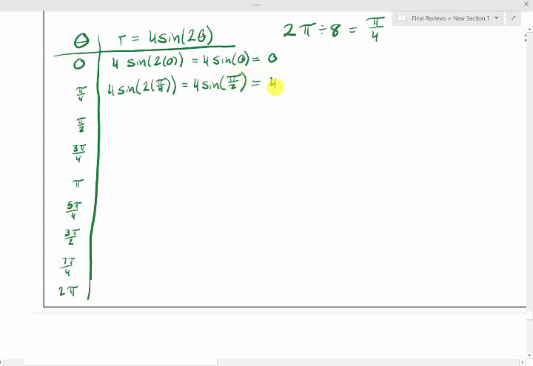And of course, you can plug this in your calculator to get your answers. So for pi over 2, I'll end up with 0. For 3 pi over 4, negative 4. Then 0, and 4, and 0, and negative 4, and then back to 0. So I'm not getting a whole lot of detail, even though I have 9 points. But it's going to be enough for me to be able to get my rose.